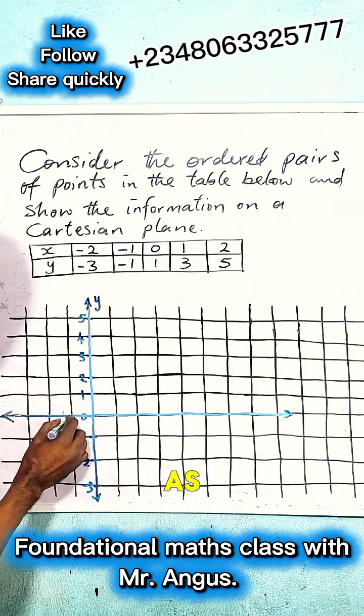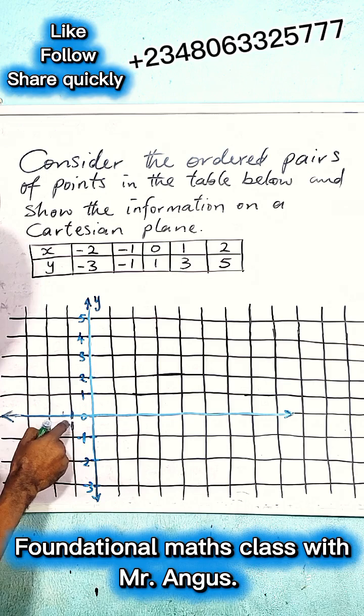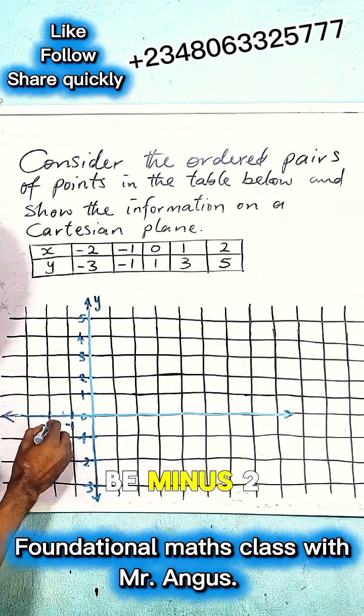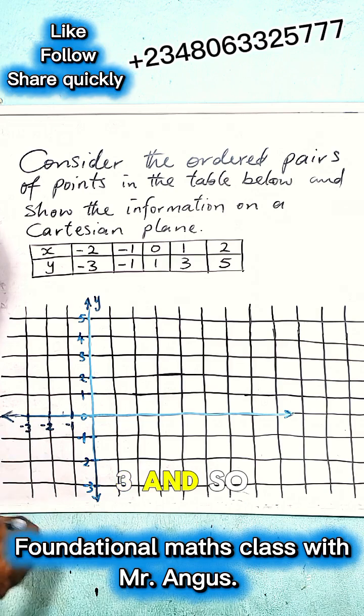So I have it as -1, and here will be -2, and if we continue we have -3, and so on.